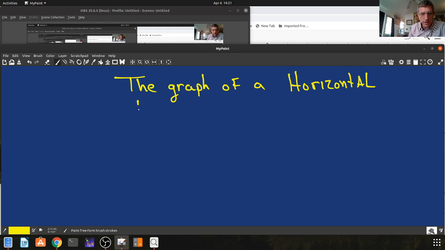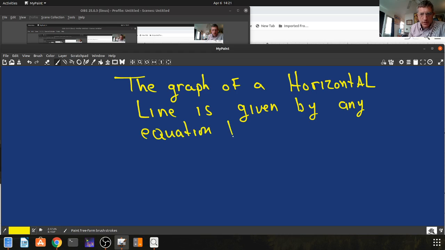A horizontal line is given by any equation that can be transformed algebraically to y is equal to c for some real number constant c.